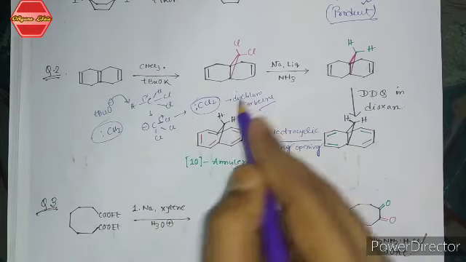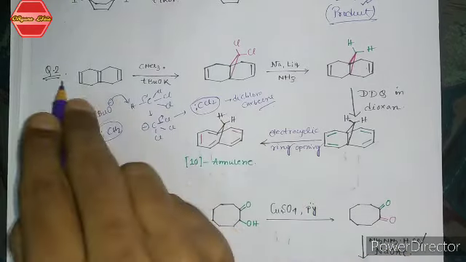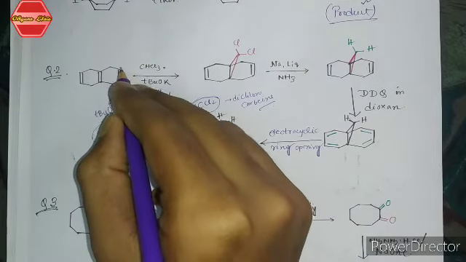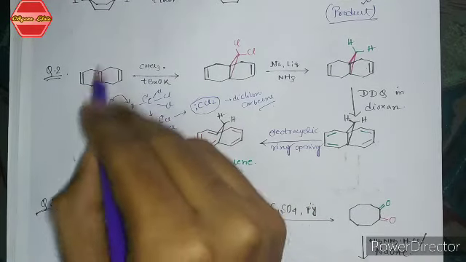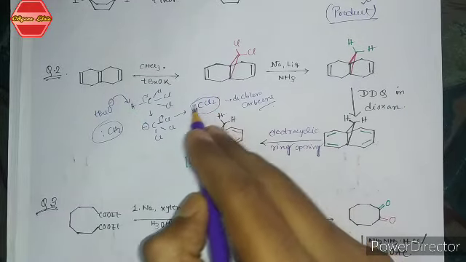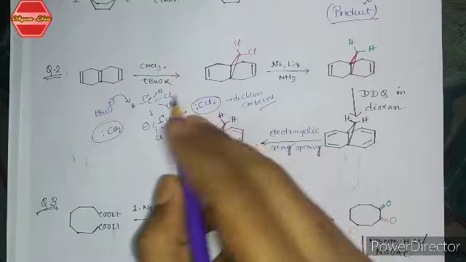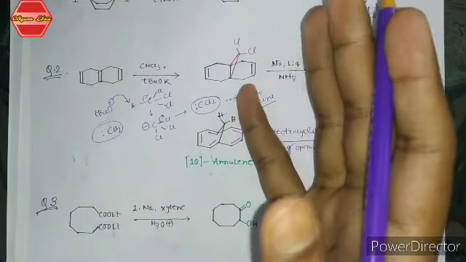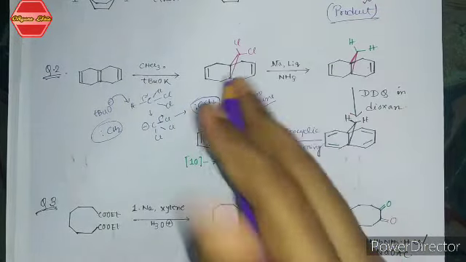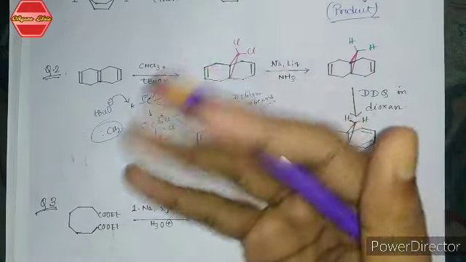Now there is a possibility of attack at this position and also this position. I already said in my previous video that if a reagent or compound is lower in reactivity, its selectivity is higher.